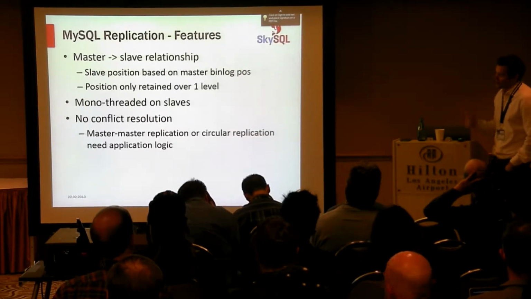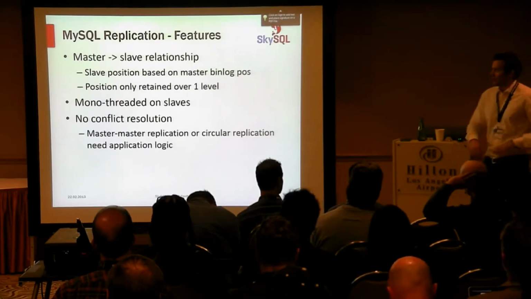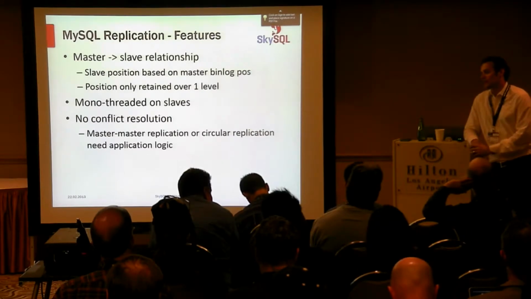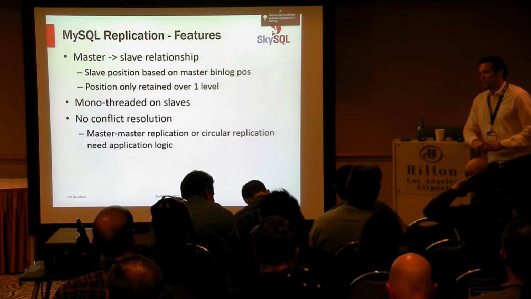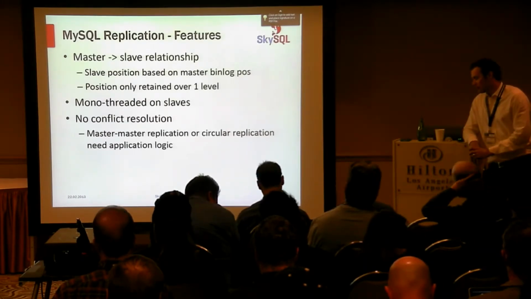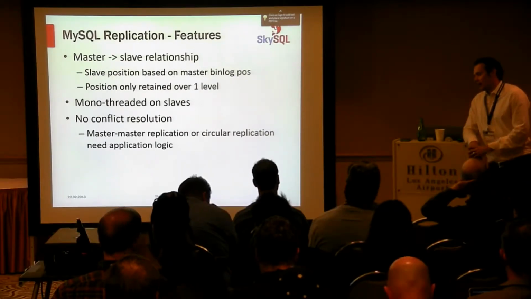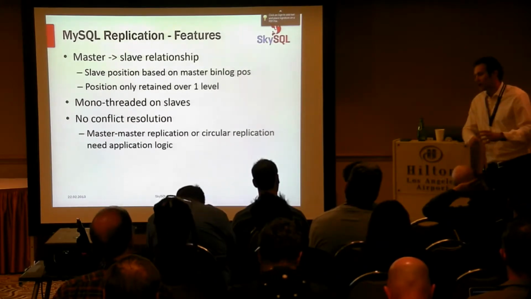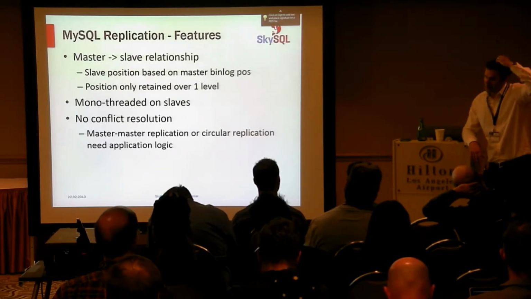So, again, if you have a good reason for doing this, what you have to do is make sure in the application logic that you cannot have a conflict. There are fairly easy use cases where there can never be a conflict. For example, we have a customer who's a gaming company, and they had different data centers, and when users log into the game, they are automatically directed to the nearest data center.